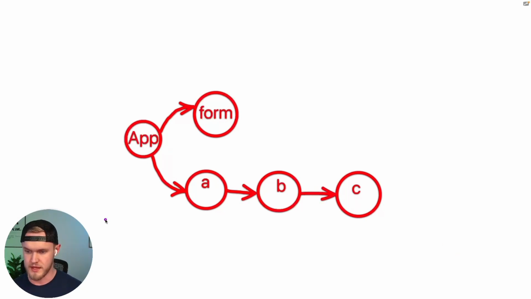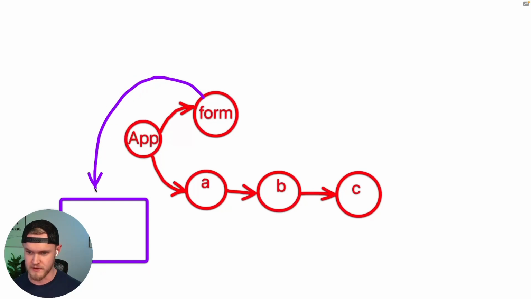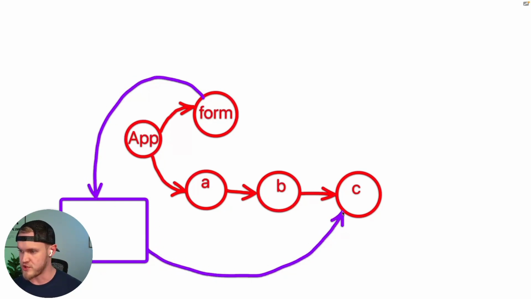The goal with this app is to have a piece of state that is out here, kind of unique, that can serve and receive information from form, and then send that information over to the Charlie component.